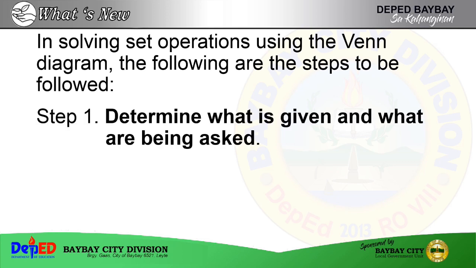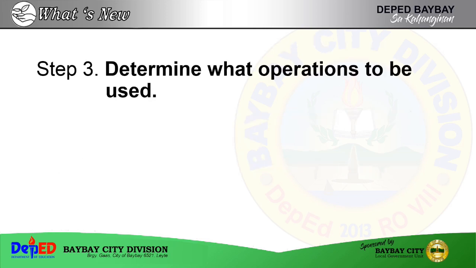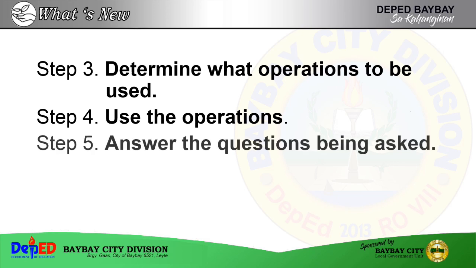Step 1. Determine what is given and what are being asked. Step 2. Illustrate using the Venn diagram. Step 3. Determine what operations to be used. Step 4. Use the operations. Step 5. Answer the questions being asked.